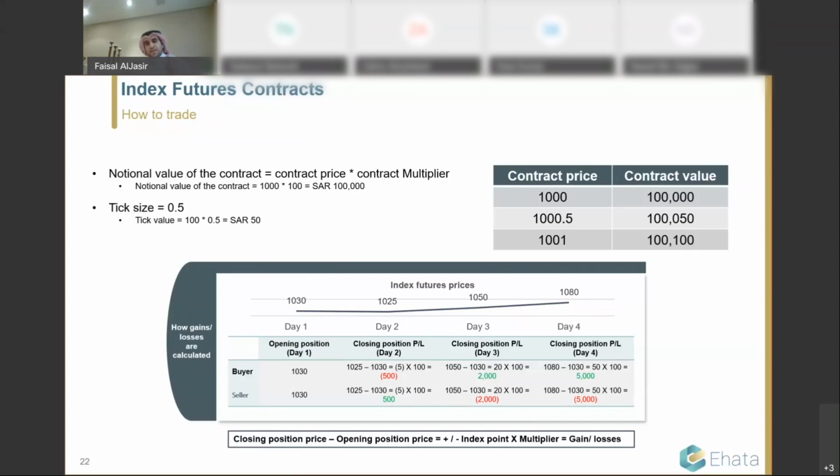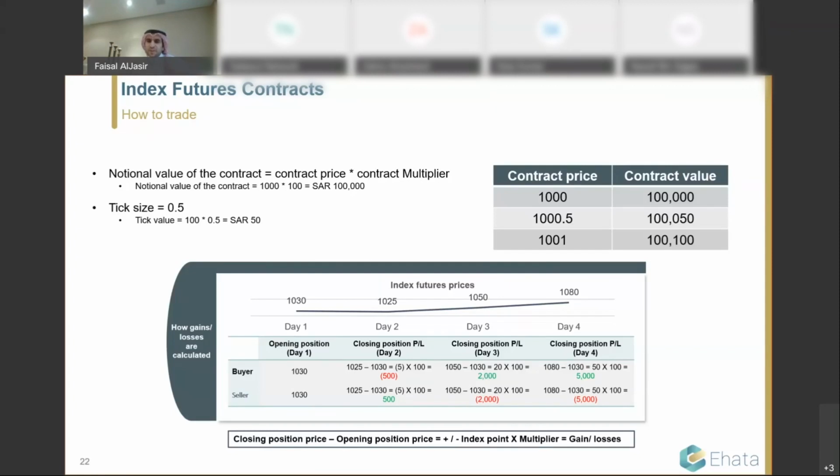Now, the third day, things went to 1050, and you just look at the price 1050 for day three, and subtract that from the open price, day one price, which is 1030. That's 20 multiplied by 100. That's a 2000 gain for the buyer and 2000 loss for the seller.